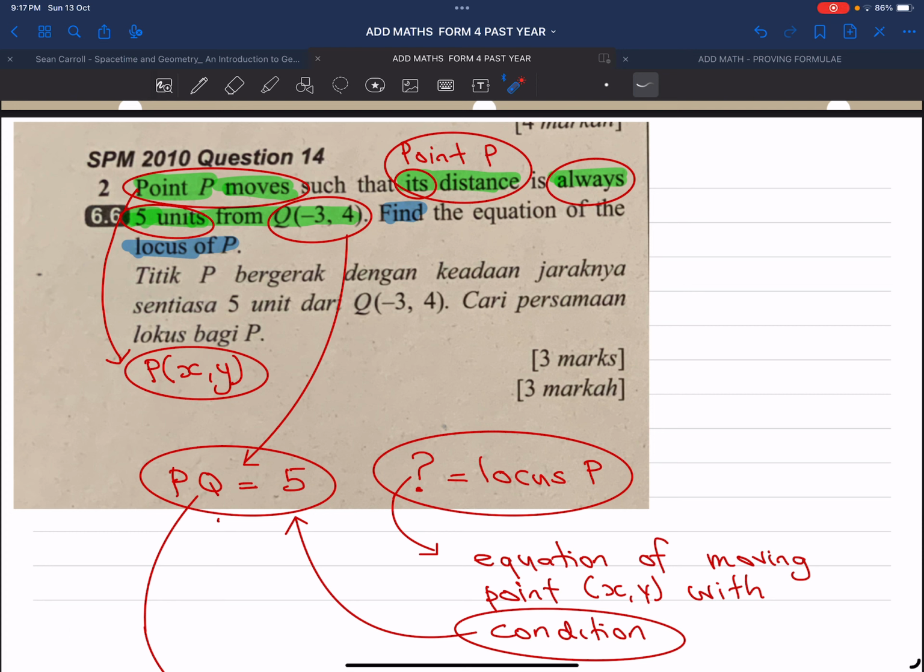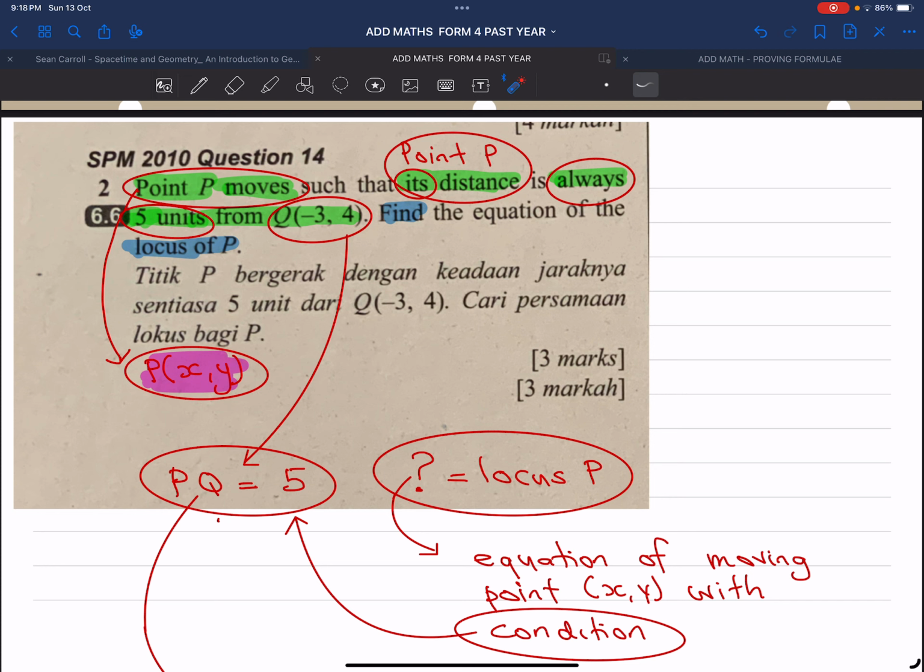Step 1, collect. The point P moves. Any moving point, first of all, we must label it with coordinate x, y.